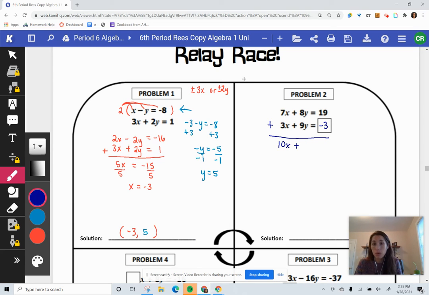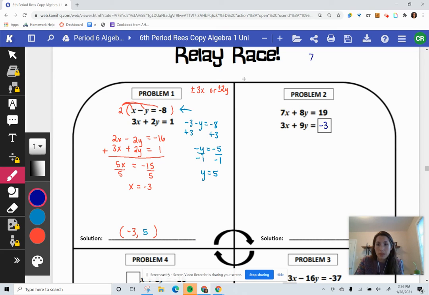Nothing eliminates. So we need to multiply these equations by some number that makes the x's the positive and negative version of each other. How can we make them the same? Let's look at the x's.